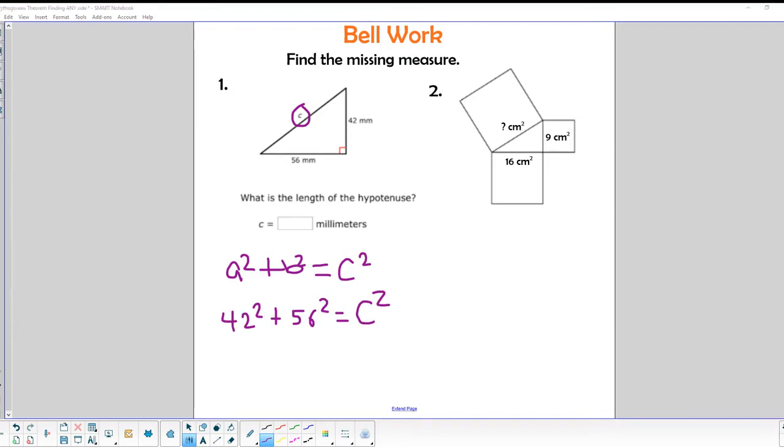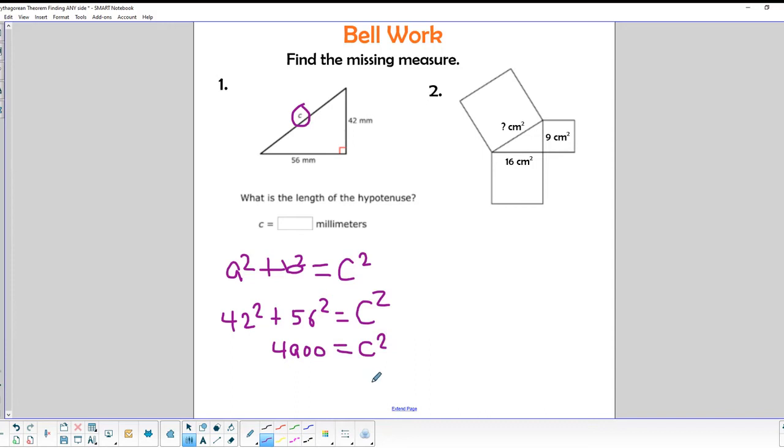We grab our calculator and do 42 squared plus 56 squared. The total comes out to be 4,900. So we're going to have 4,900 equals C squared.